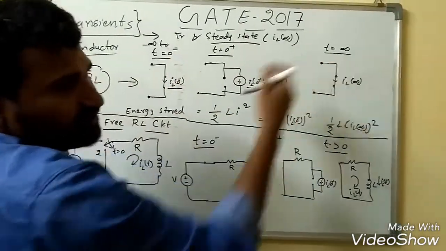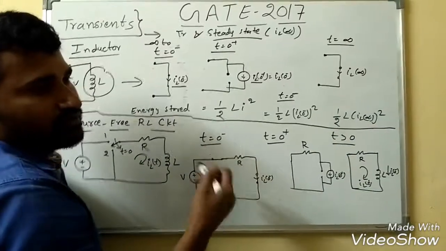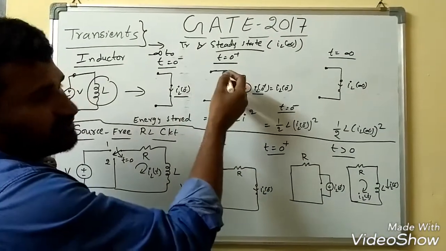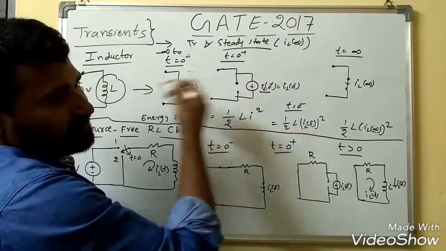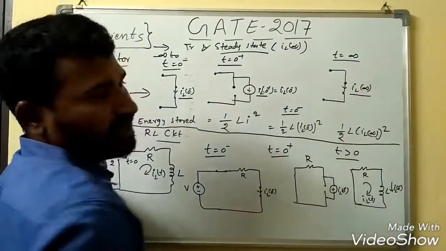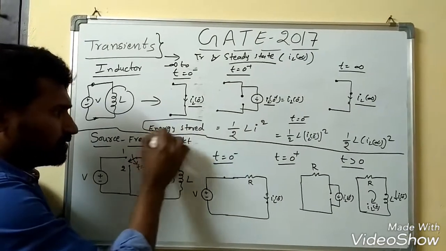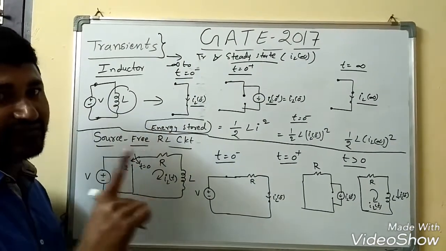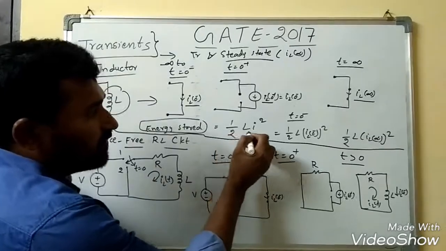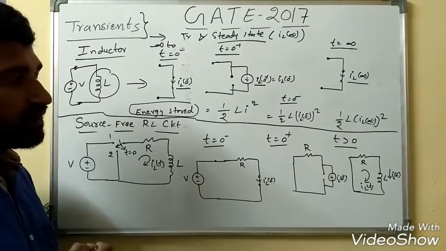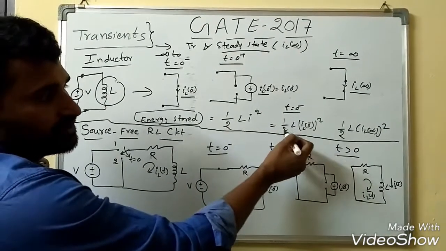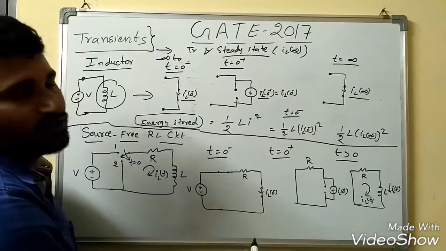The next one is t equal to infinity. That is again it has reached steady state after we close the switch at t equal to 0 and apply some voltage. So that is represented by IL of infinity. And remember, the energy stored in an inductor at an instant of time is half L into I square. At t equal to 0 minus, it is half into L into IL of 0 minus whole square.